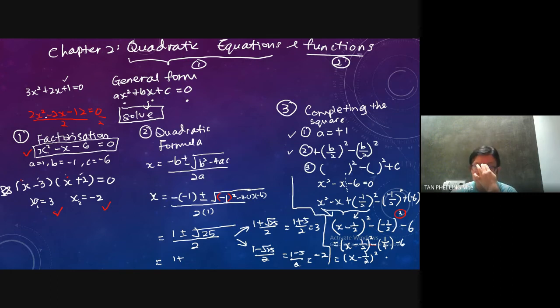Calculator, please. Minus 1 over 4 minus 6, what do you get? Minus 25 over 4. Okay, is everybody getting it? Minus 25 over 4, right?